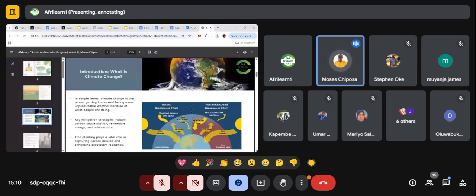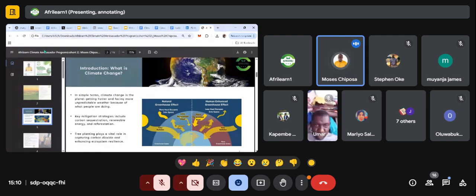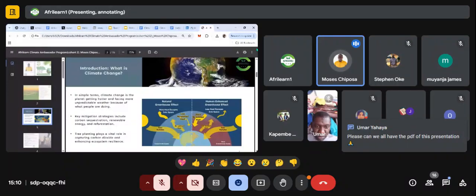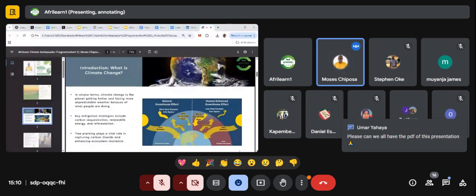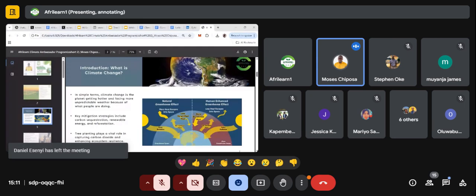Now, these gases trap heat from the sun, causing the earth to warm up. What happens as a result? We see rising temperatures, more extreme weather events like floods, droughts, and heat waves, rising sea levels, and also changes in ecosystems and wildlife. So in simple terms, climate change is the planet getting hotter and facing more unpredictable weather because of what people are doing. So that is how we can define climate change.